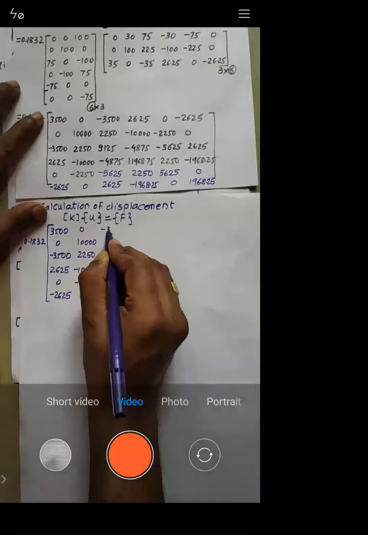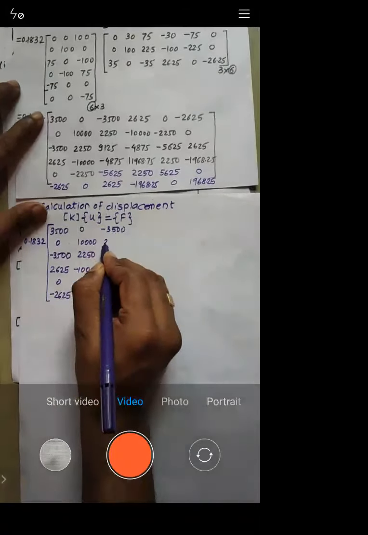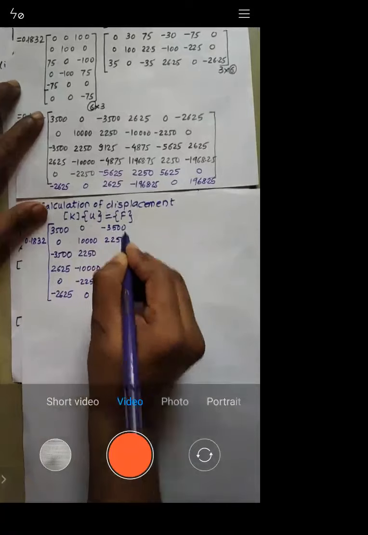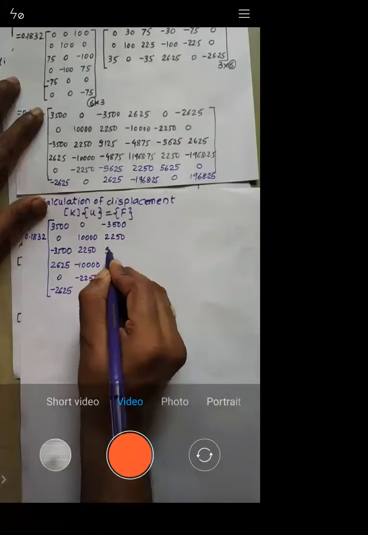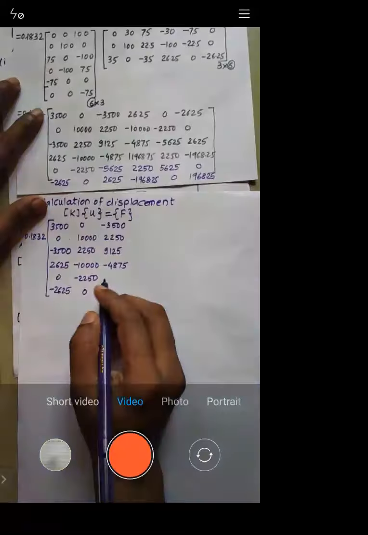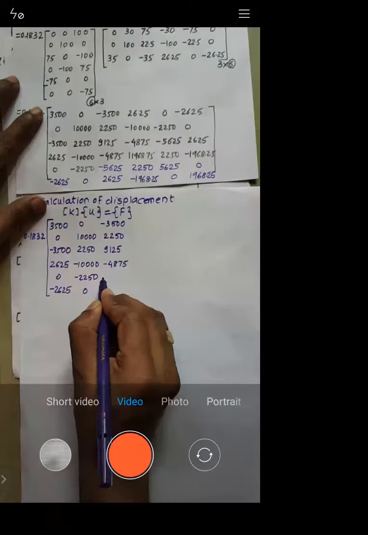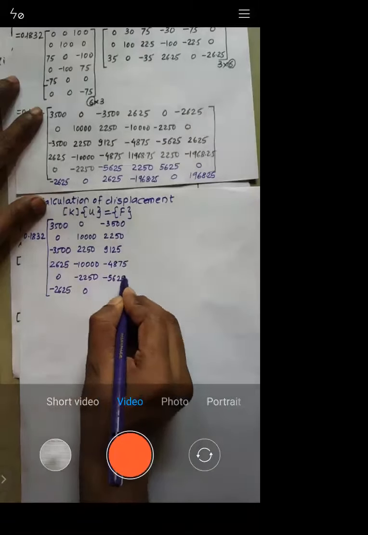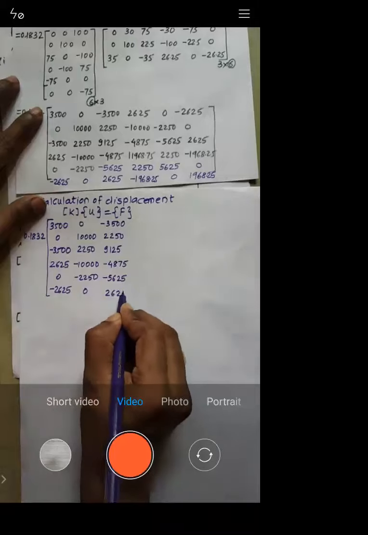This is minus 3500, 2250, 9125, minus 4875, 5625, minus 5625, right? 2625.